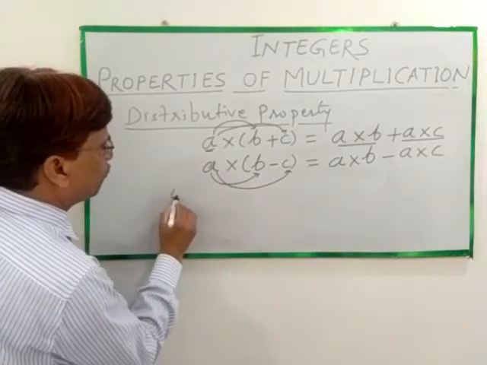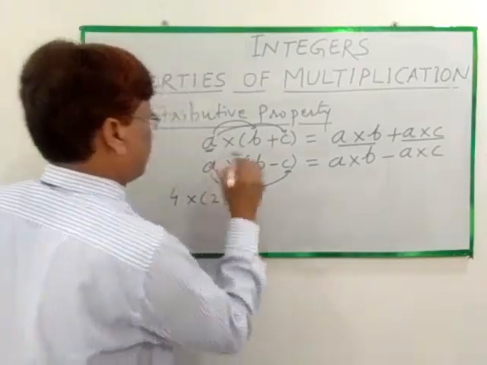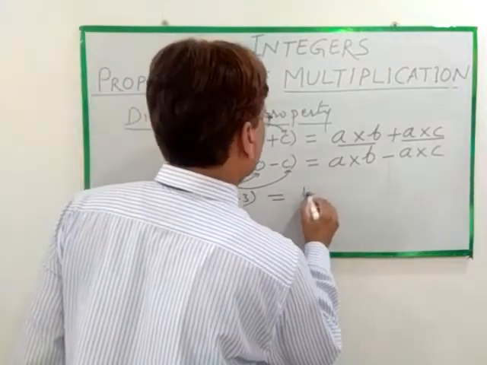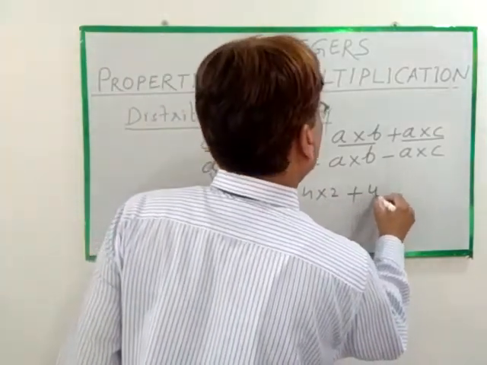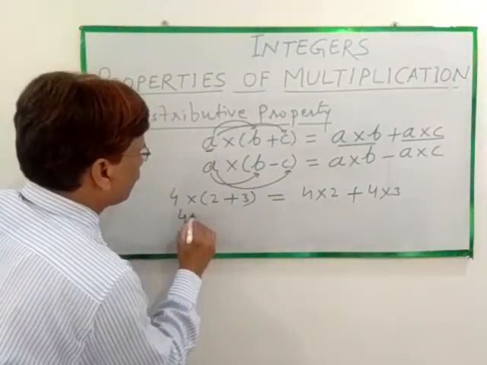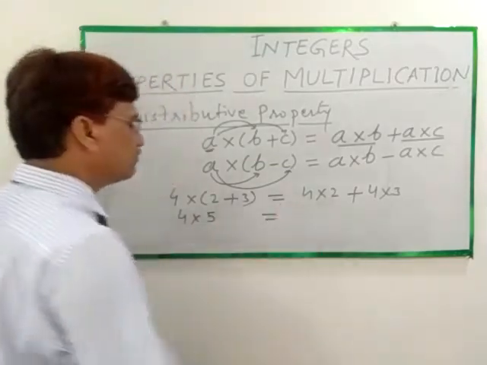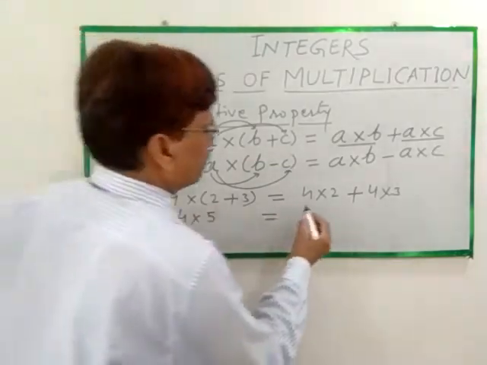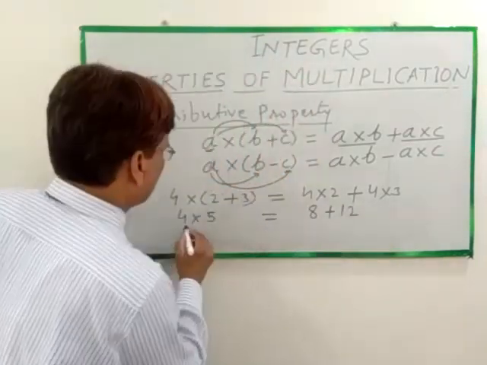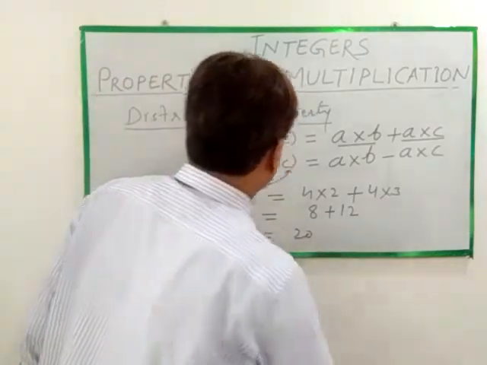Suppose 4 into (2 plus 3). Apply this property: 4 into 2 plus 4 into 3. Check the result. 2 plus 3 is 5, 4 into 5 is 20. 4 into 2 is 8, 4 into 3 is 12, and 12 plus 8 is 20.